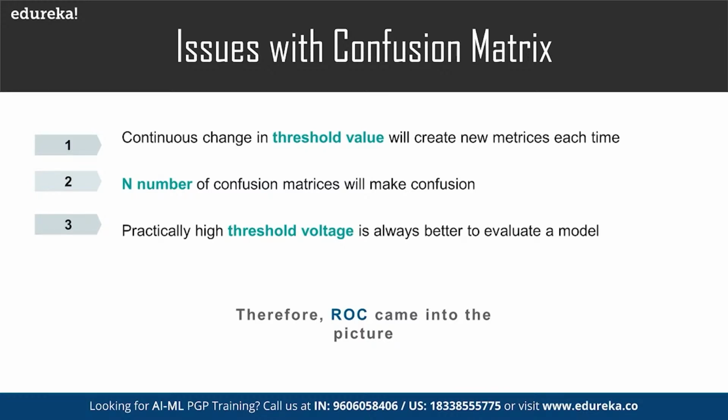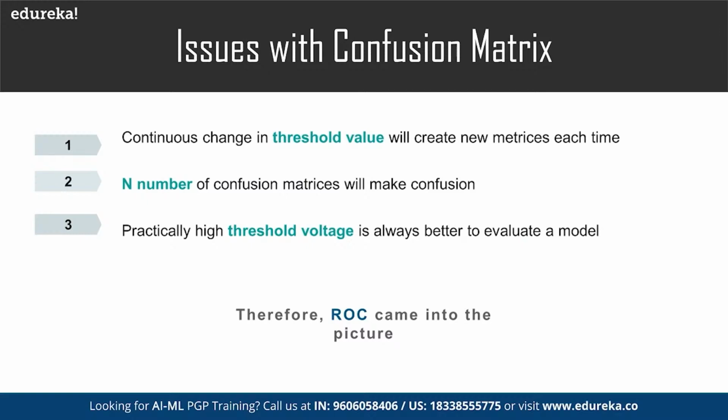But n numbers of confusion matrices will cause confusion. As we change the threshold continuously, we get a different confusion matrix each time, which will confuse everyone, including the programmer. These are the things we see happening all over the place.